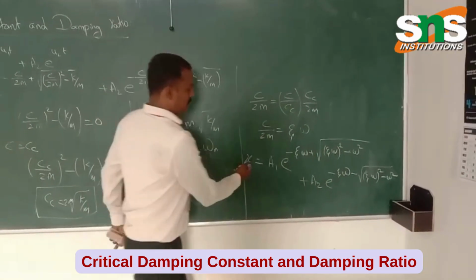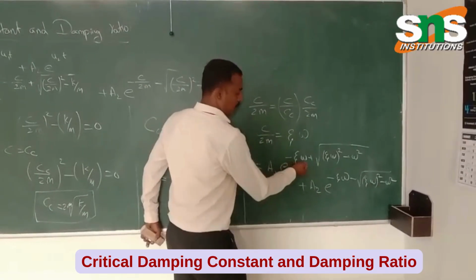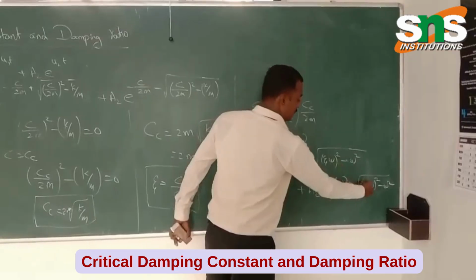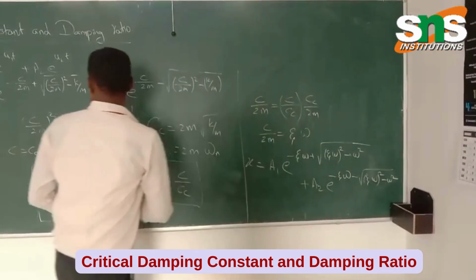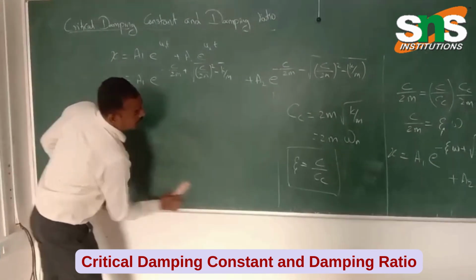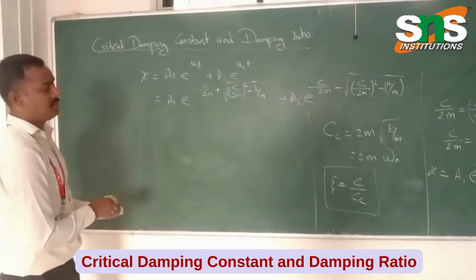The common term omega square is inside the root. So we can rewrite this equation in terms of the damping ratio as well as the frequency.